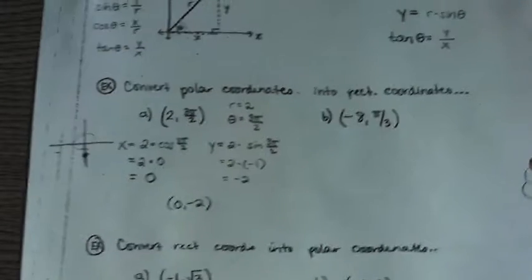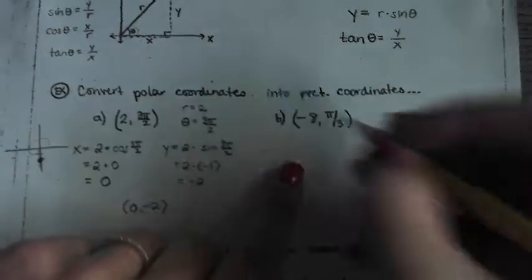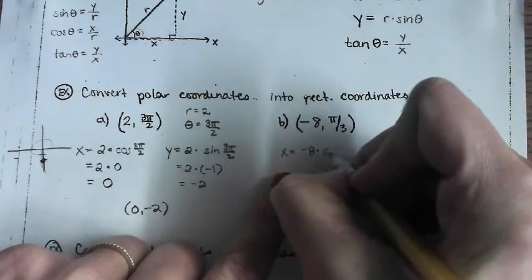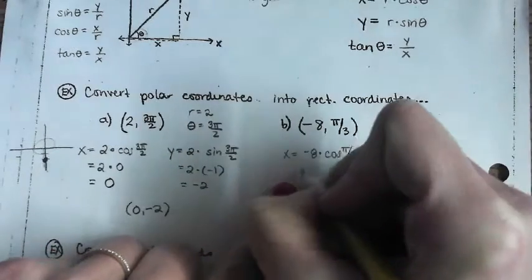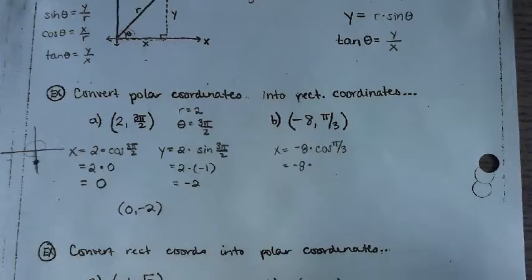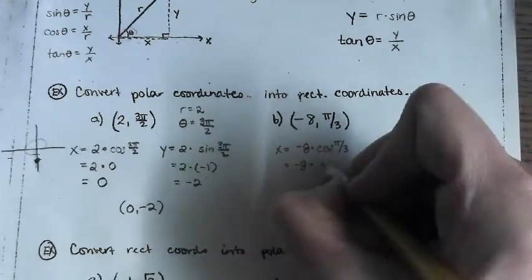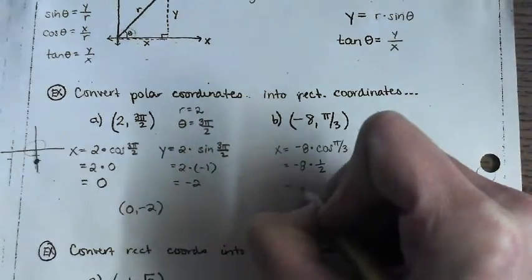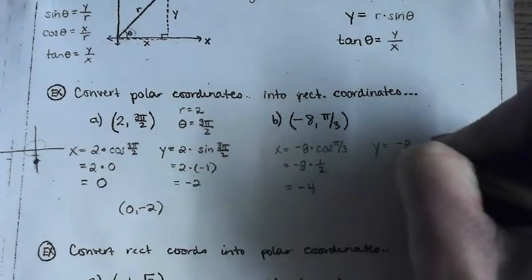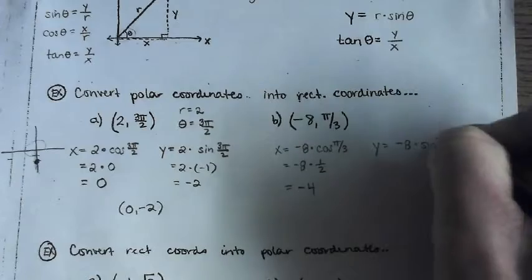All right, so for B, your x-coordinate is r times the cosine of pi over 3. What is the cosine of pi over 3? 1/2. And your y-coordinate is r times the sine of pi over 3.